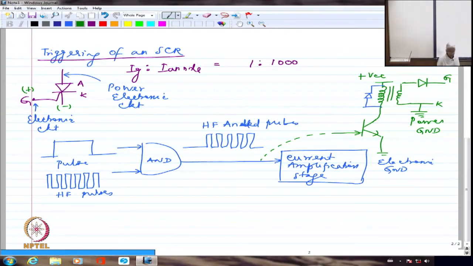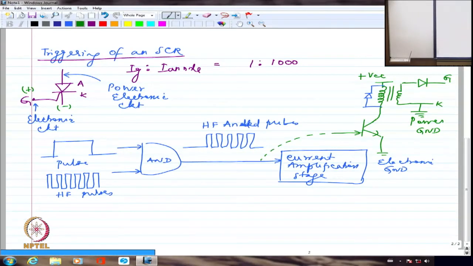Most of the times we fire it with multiple number of pulses, because by chance if it doesn't fire here, it can at least fire here. By chance if it misses these two, it can at least fire in the third, and so on. Okay? Because invariably SCRs are used with AC supply.